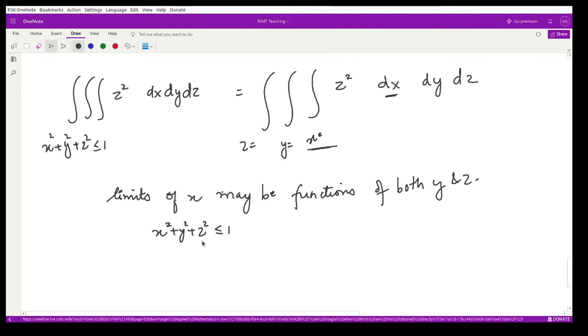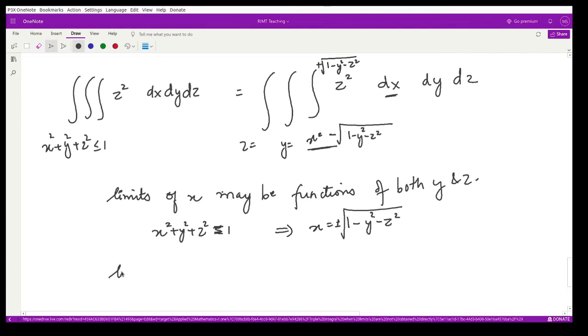So from here you can evaluate the value of x. If you have this equality, the value of x comes out to be plus minus square root of 1 minus y square minus z square. So your lower limit becomes minus square root of 1 minus y square minus z square, and the upper limit becomes square root of 1 minus y square minus z square, positive.